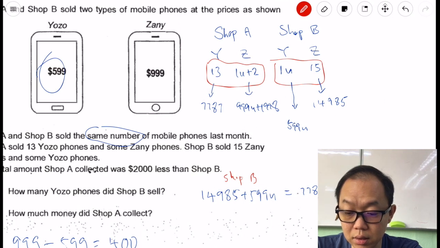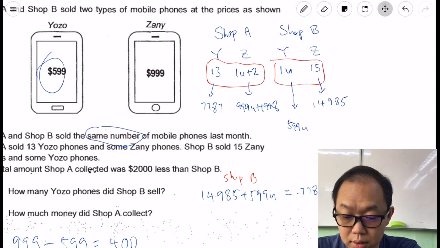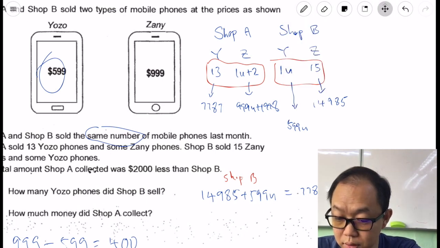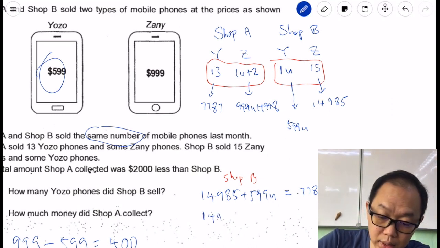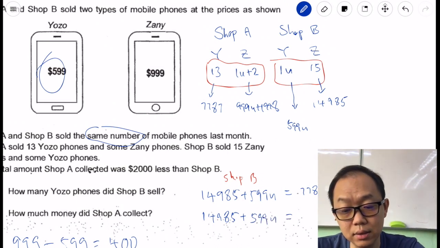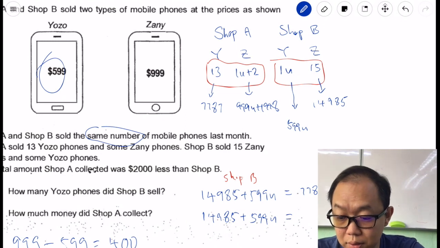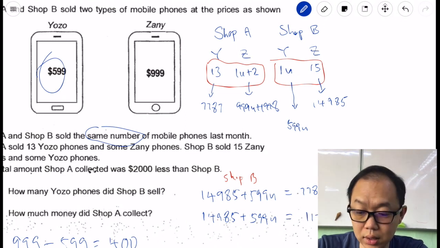You add them together, you will get an additional 2000. So we try to add them together. 14985 plus 599U is the same as 7787 plus 1998 plus 2000, which is 11785 plus 999U.